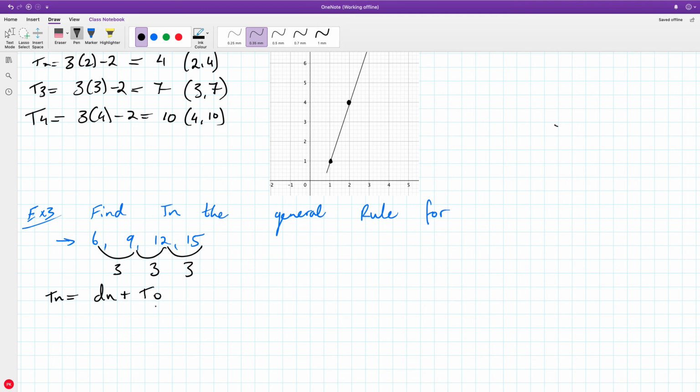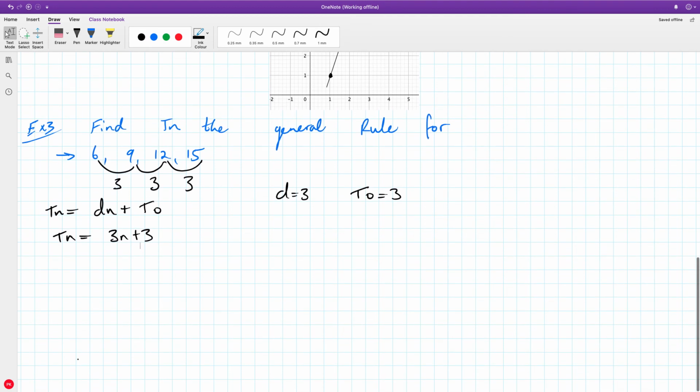Alright? Dn plus T0. Right, what is our difference? 3, isn't it? What's T0? 3, exactly. Therefore, Tn is equal to 3n plus 3. And that'll help you find any number in that sequence.